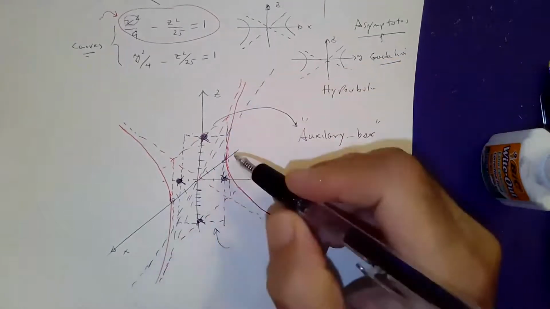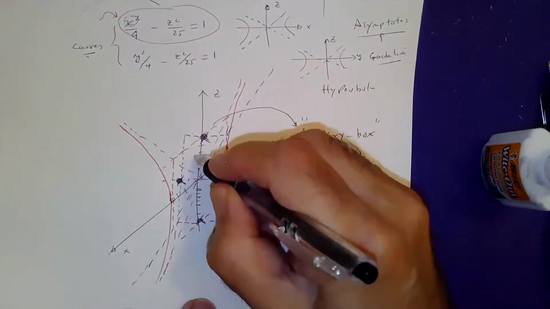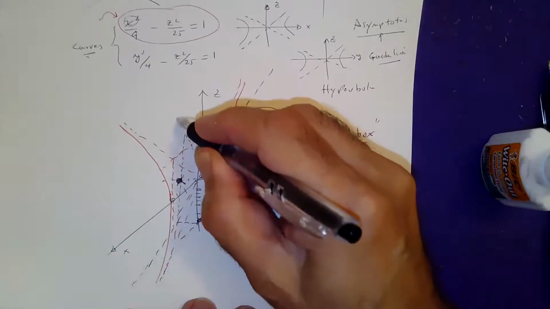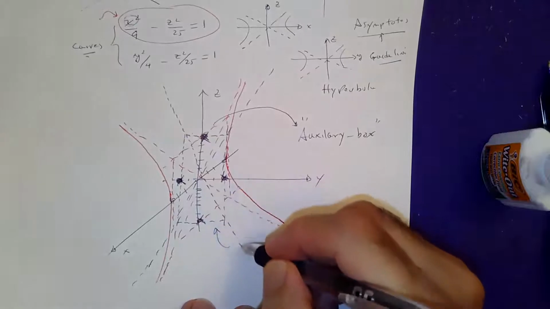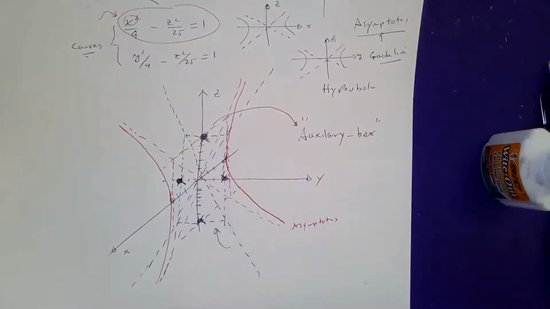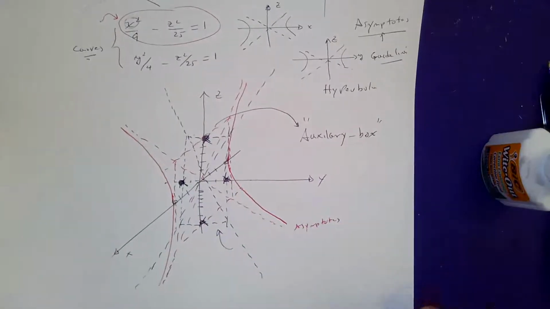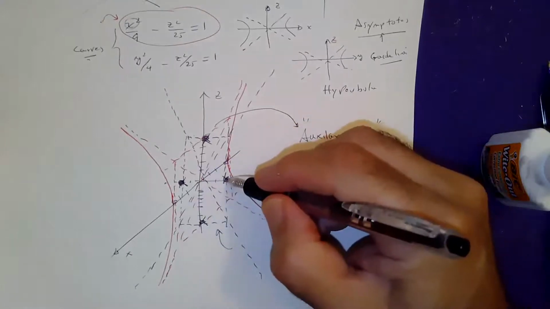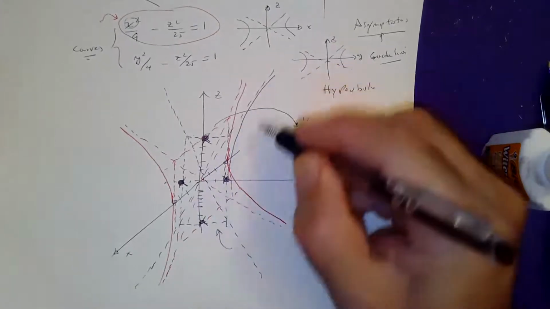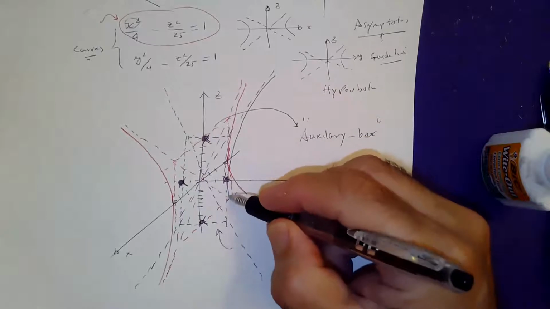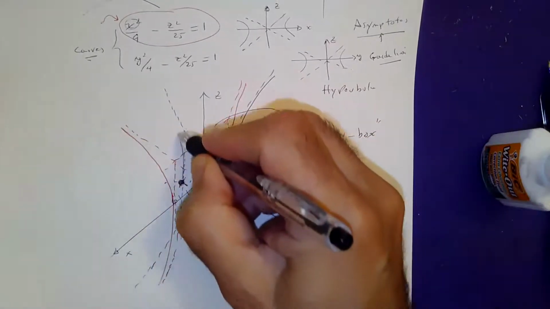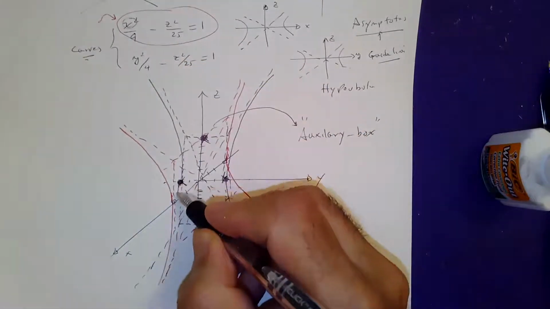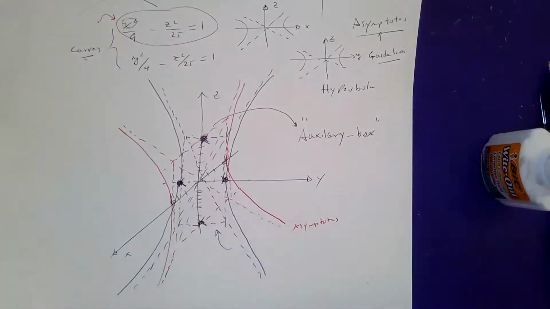So here is one, and here is the other one. What are you doing? Connecting the diagonals of the auxiliary box. So that will tell you how wide each branch is. So here is one of them. Remember, you got to get as close as possible to the asymptotes. Here is the other one. There you go. Do you see it?